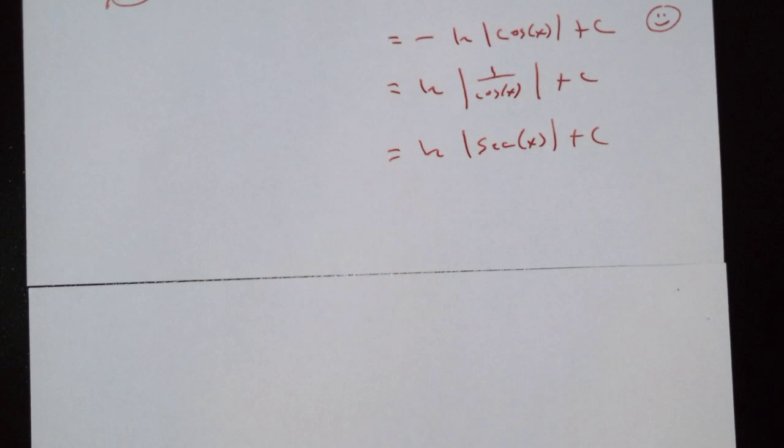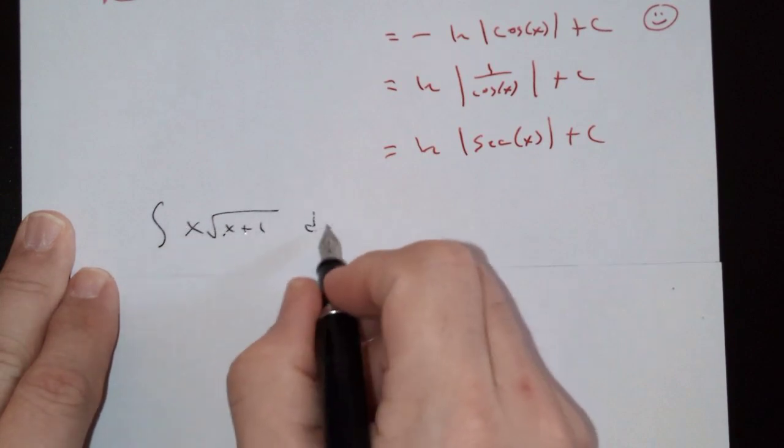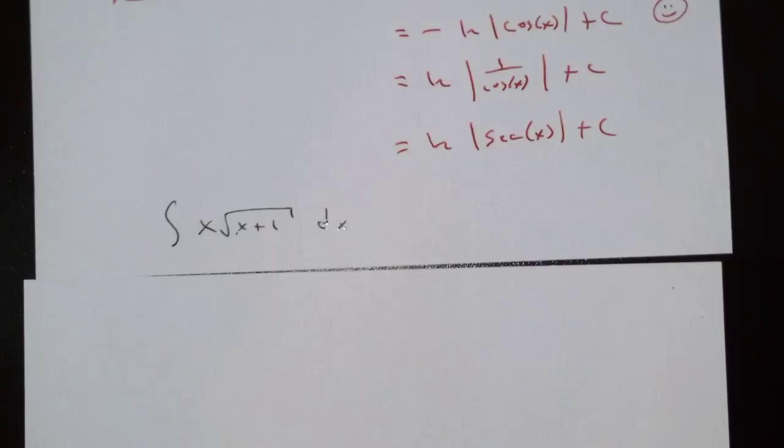Sometimes I need to use my substitution more than once. What's the inside part here? So I should use that for my substitution, u equals x plus 1.